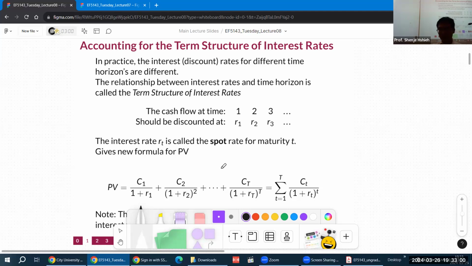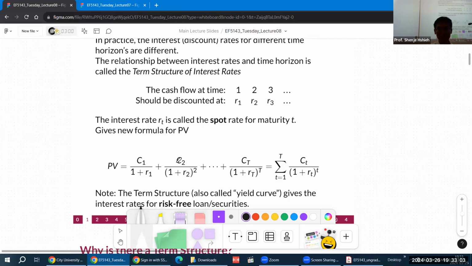So if you have cash flows, for example, C1, C2, so this is 1 year into the future, 2 years into the future, all the way to capital T years into the future, you would discount the cash flows by the appropriate interest rate for the length of time that you have to hold the risk-free bond and earn an average return of, for example, R1 or R2 all the way to RT, okay? So these returns are annualized, so that's why there's a squared and a T and so forth.